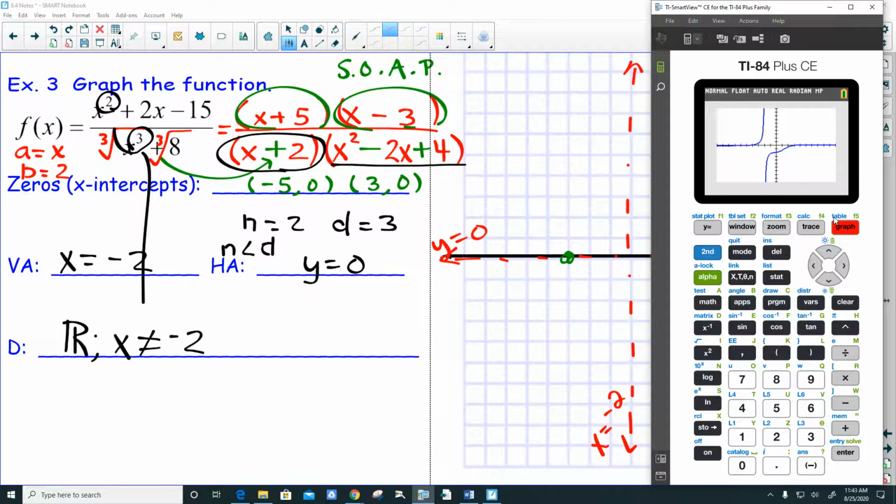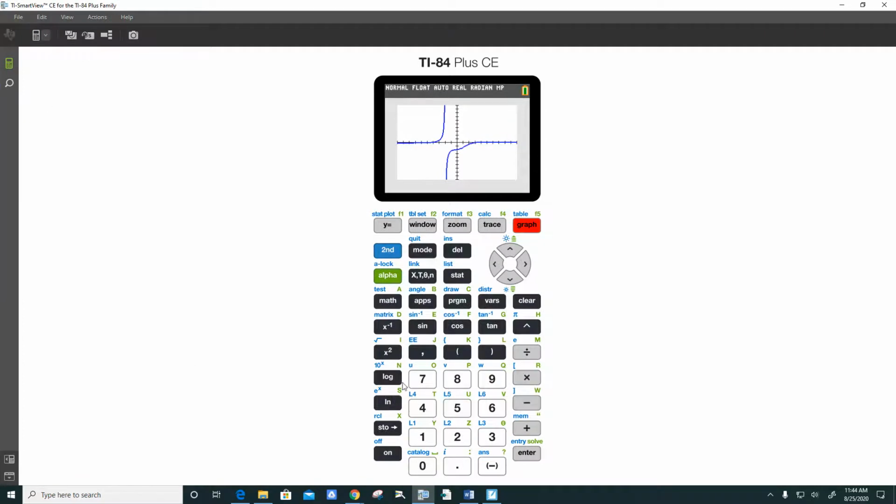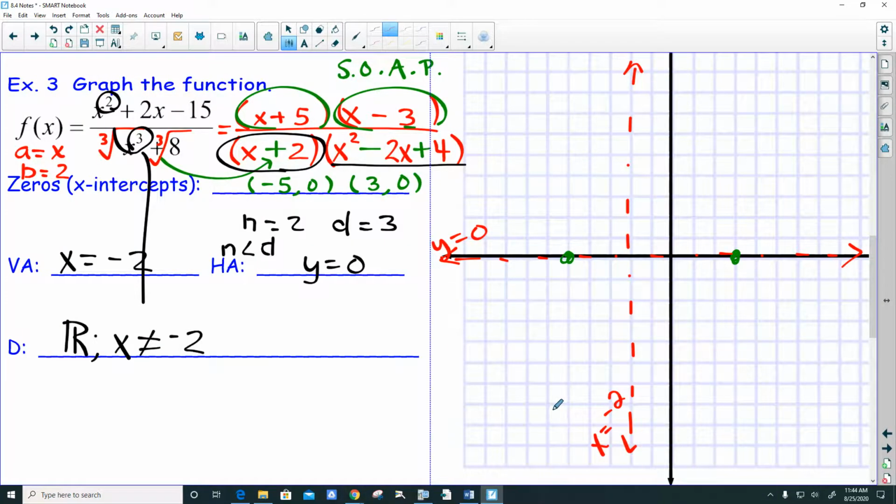Okay, this has like a weird little hiccup in the graph. Okay, that's just how the graph looks. All right, and we're just going to do the best that we can with trying to sketch that graph there. It would roughly look something probably like this. I'll try to simulate that little hiccup.